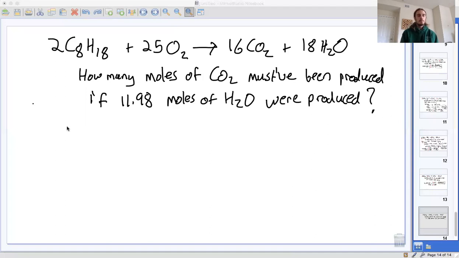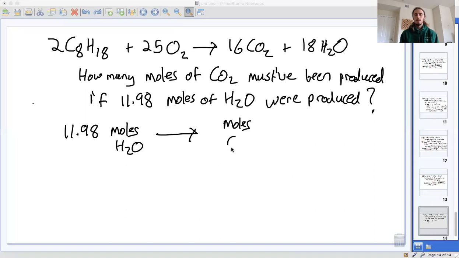All right, so we're taking 11.98 moles of water, and we want to convert to moles of CO2. And we know that 18 moles of water are produced along with 16 moles of CO2. But we don't have 18. We've only got 11.98.